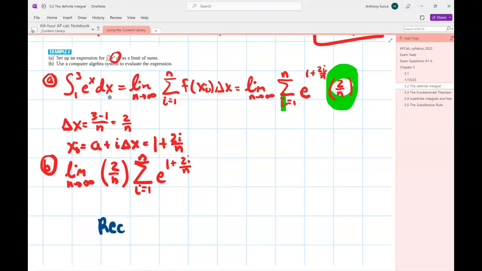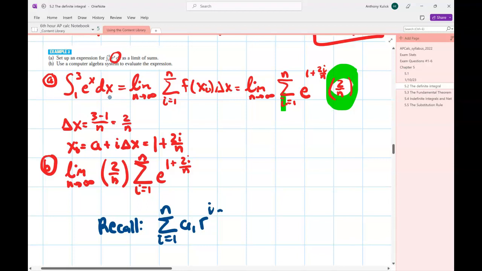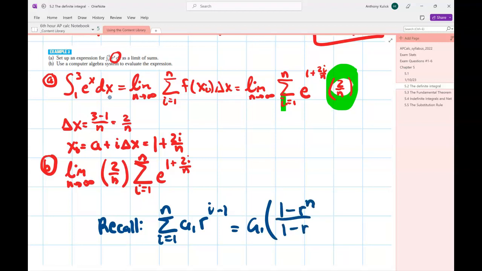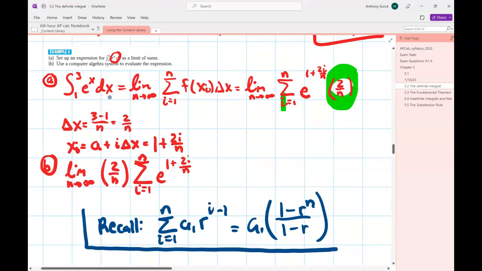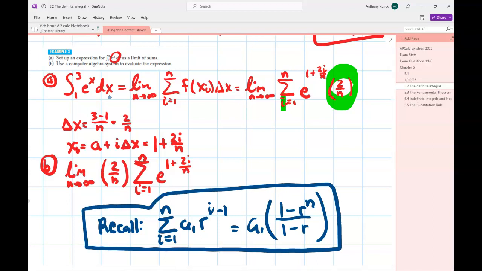So I remember from my Algebra 2 class that I can evaluate the finite geometric series using that formula.